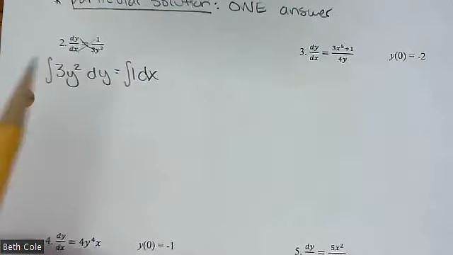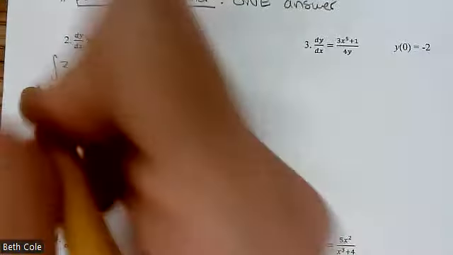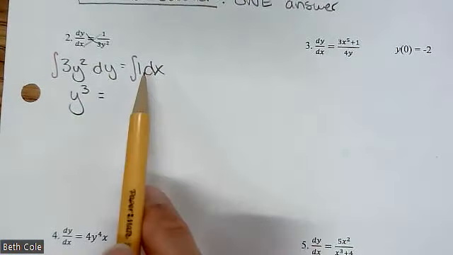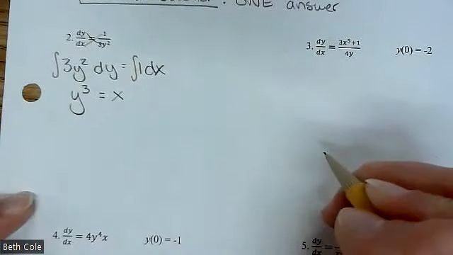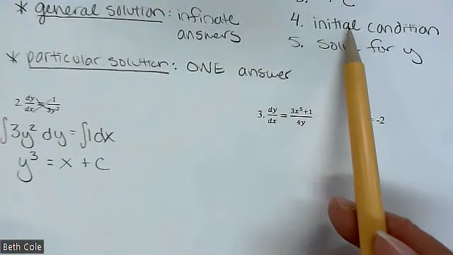antiderivative. So what is your antiderivative for 3y squared? y cubed, perfect. This is the calculus here, equals antiderivative of just 1, just x, and then you have to put plus c. It is so important that I write it as its own step. Now, if there's an initial condition, here's where you would use it.